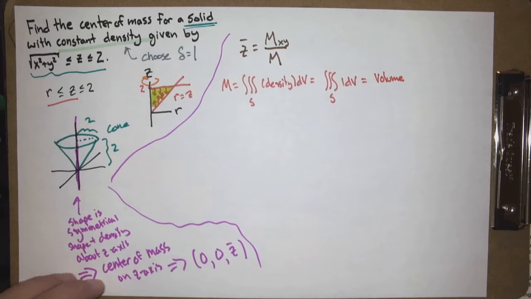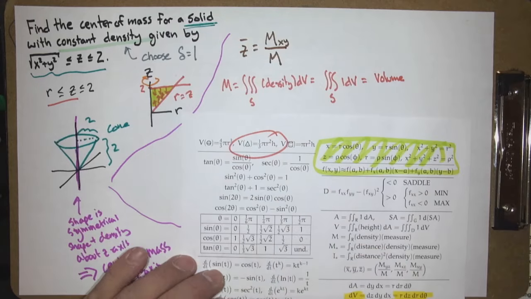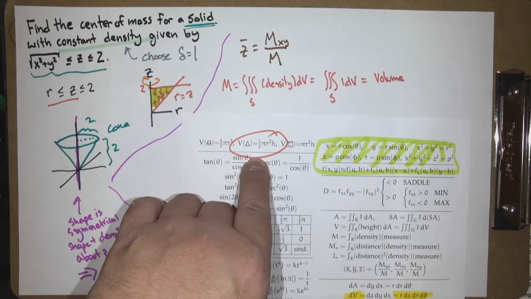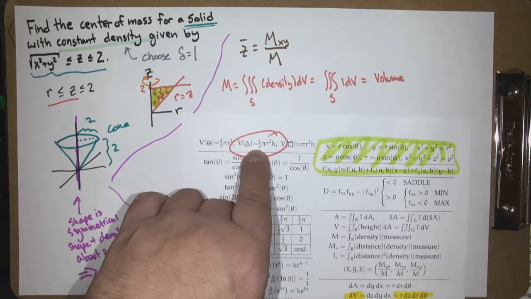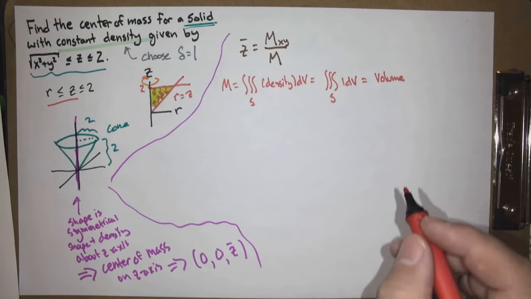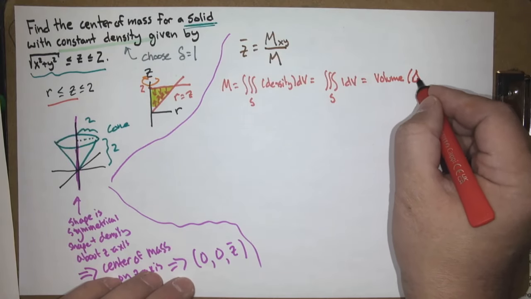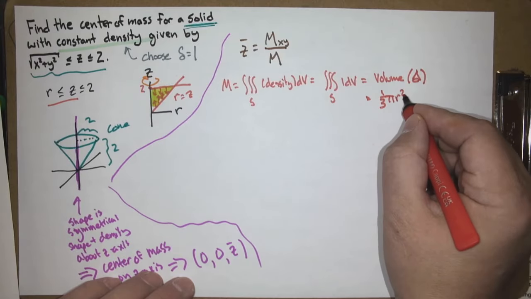Now, do we know the volume for a cone? It's on the formula sheet. What? They want us to know stuff? No, they want you to look it up. You don't have to memorize it, you just have to know where to find it. So the volume of a cone is 1/3 pi r squared h.